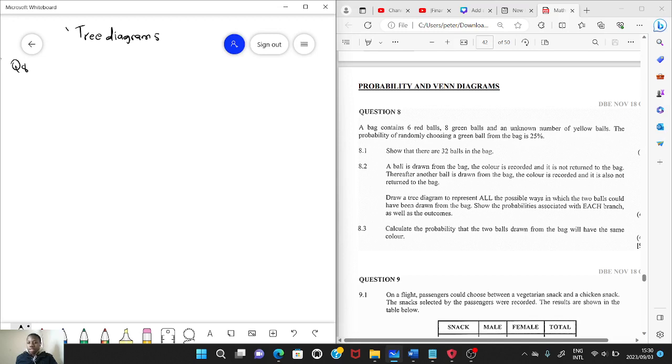So we have a bag that contains 6 red balls, 8 green balls, and an unknown number of yellow balls.